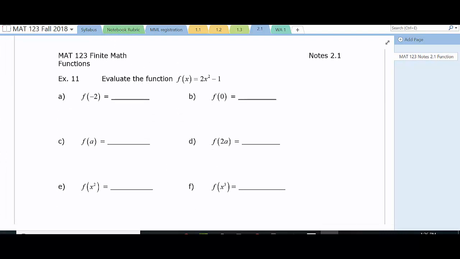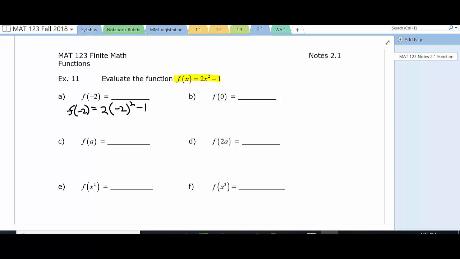So let's go on to the next page, and what we're going to do is evaluate functions. So what I'm doing on this is I'm giving you a function, and if I want you to find f of negative 2, all that means is everywhere you see an x, you just plug in negative 2. And you want to use parentheses, so you write down f of negative 2 is 2 times negative 2 squared minus 1, and then it's just a matter of doing your arithmetic.